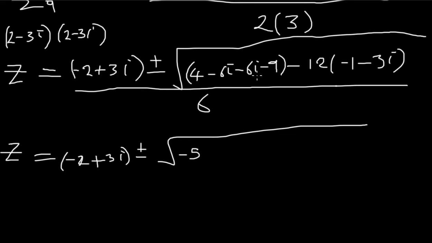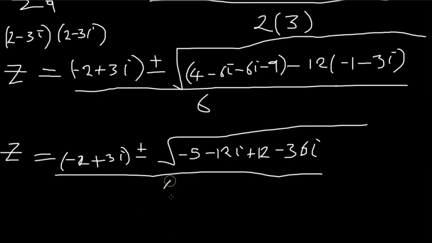Then negative 6i, you get negative 12i. Like that. Then this negative 12 times negative 1, you get a positive 12. Then this negative 12 times negative 3i, you get negative 36i. Then everything over 6.